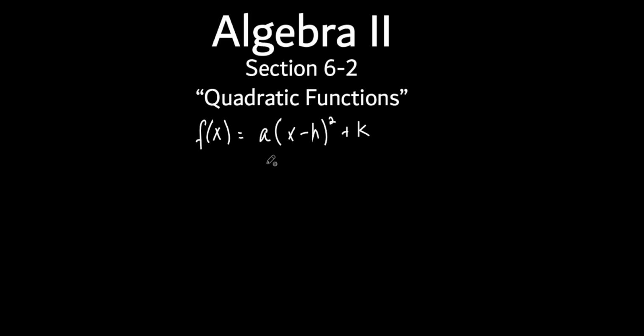Let's talk about what these letters do for us. What if we had a number right out here? What is that number doing to our basic quadratic function? It's making it steeper, or? Well, it depends if it's a fraction. I know, that's the or. Actually, I should put plus or minus right here.